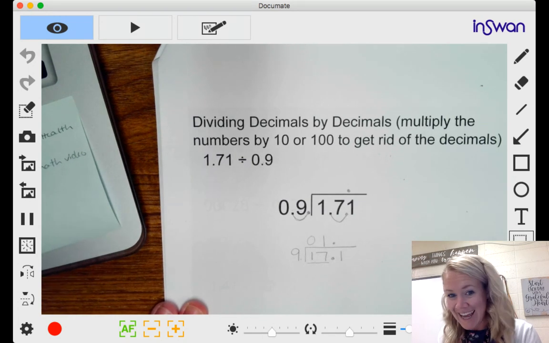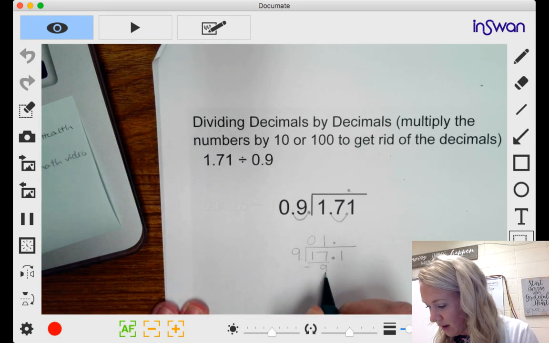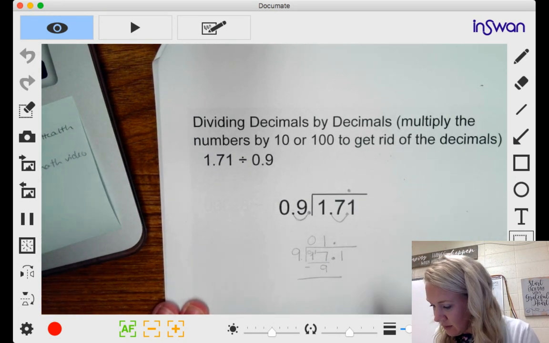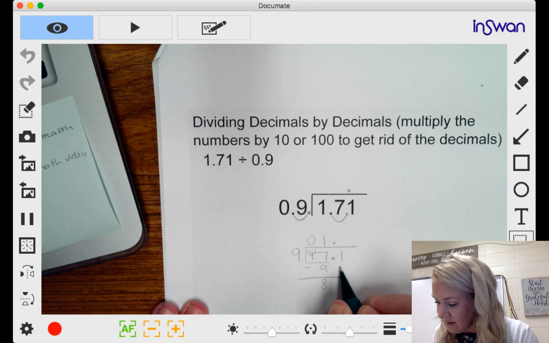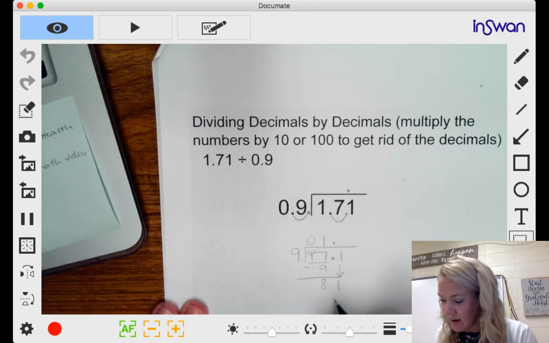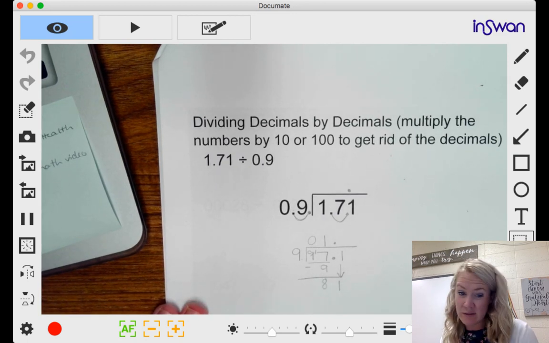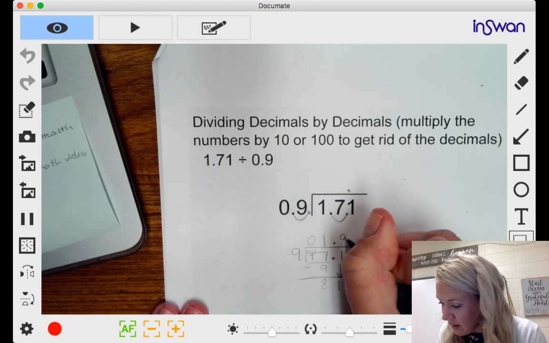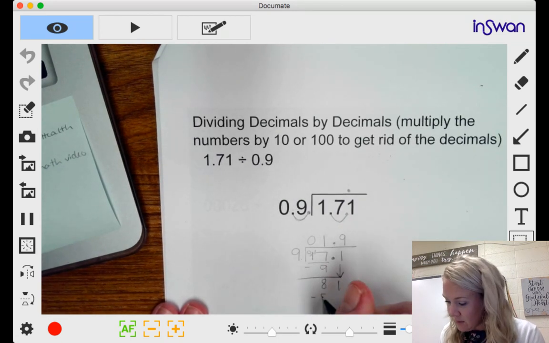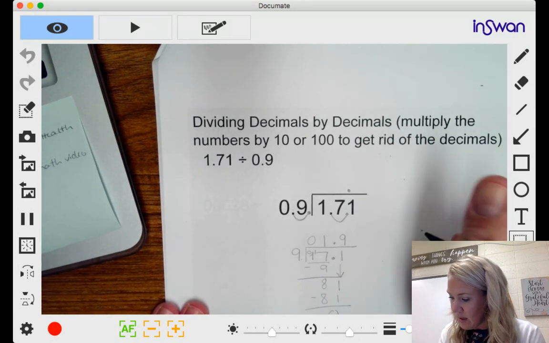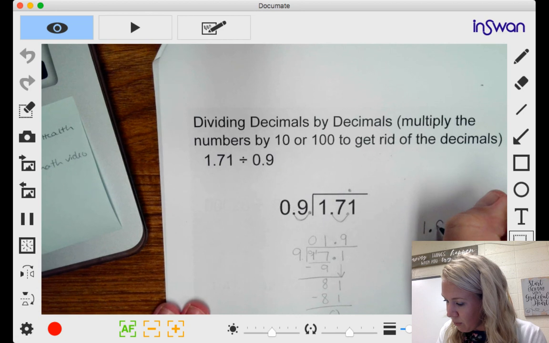I can only get 1 nine into 17, and if I subtract 9, 17 minus 9 is 8. I pulled enough out because 9 doesn't go into 8, so I have to bring the next number down. 9 goes into 81. This is where you could use your multiplication table, but 9 goes into 81 9 times. So subtract the 81 because 9 times 9 is 81. Nothing's left over. I get an answer of 1.9.